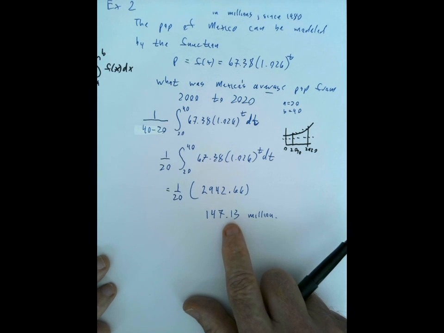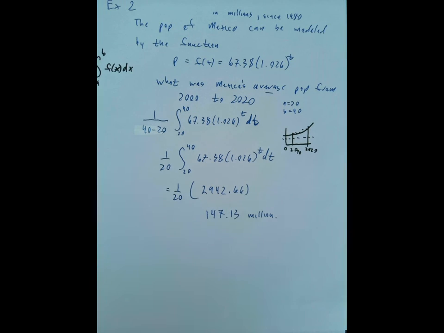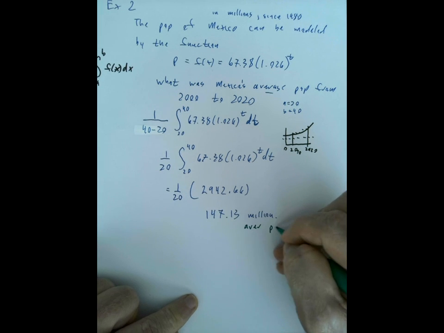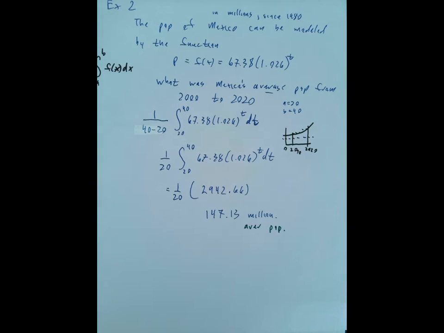So the average population for Mexico from 2000 up to 2020 is 147.13 million. This is the average population over those 20 years. Okay? Very good.